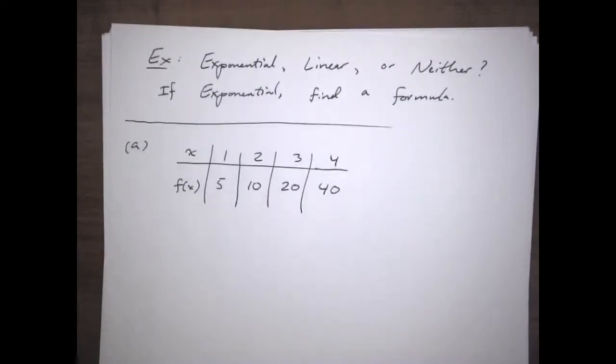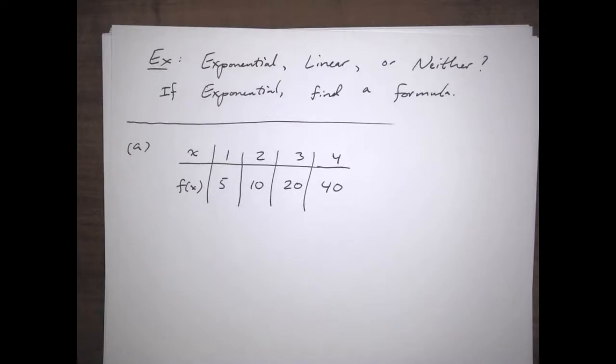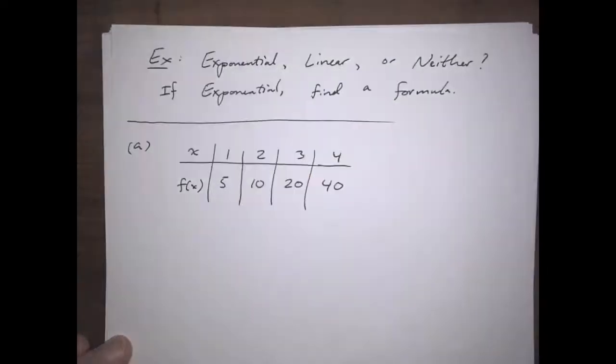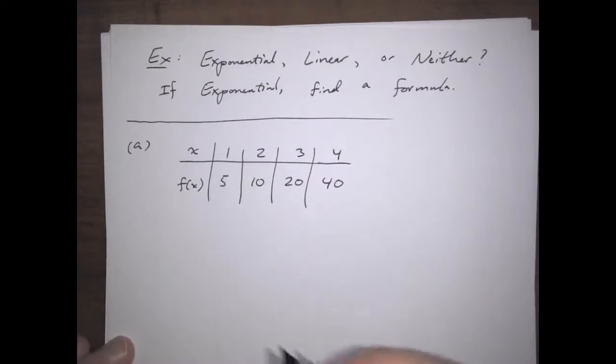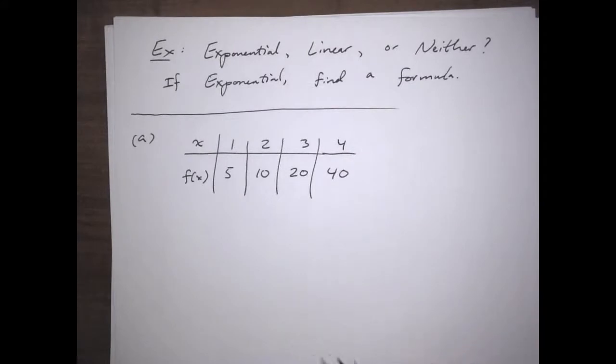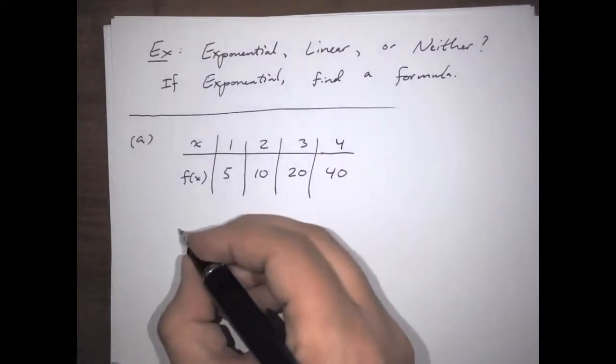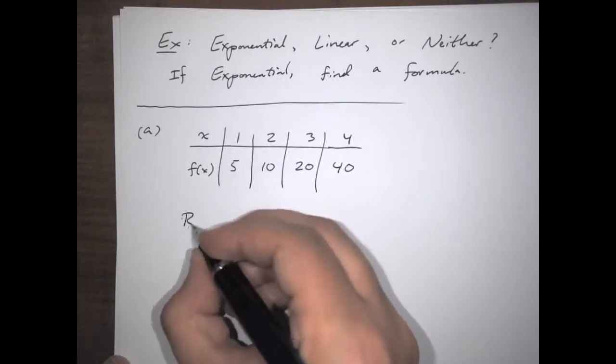So first off, just looking at this, we can already have a good guess as to what's going on here. And in particular, we can see that the y values appear to be doubling with each step of the x.